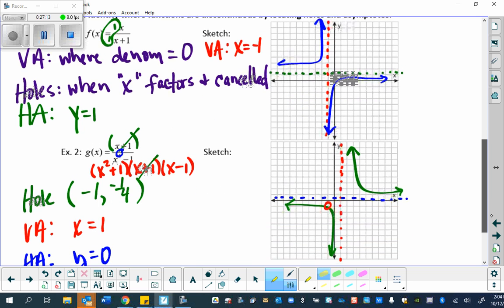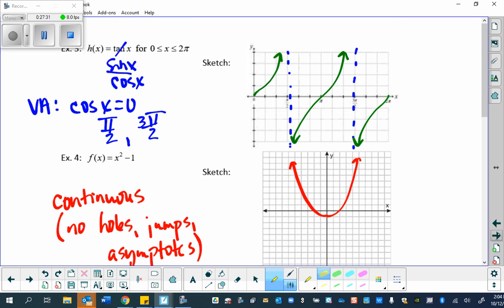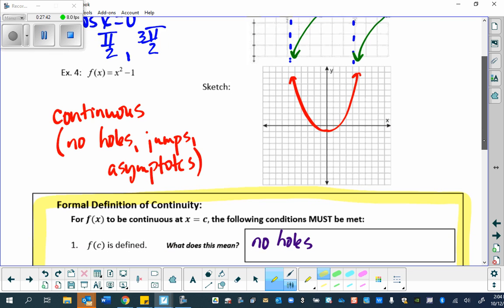In our conversations about continuity, we're paying close attention to where things go wonky with the graph. Where are there holes? Where are there vertical asymptotes? Where are there horizontal asymptotes? Where is my graph going? Paying attention to where those asymptotes are tells us where the continuity fails.